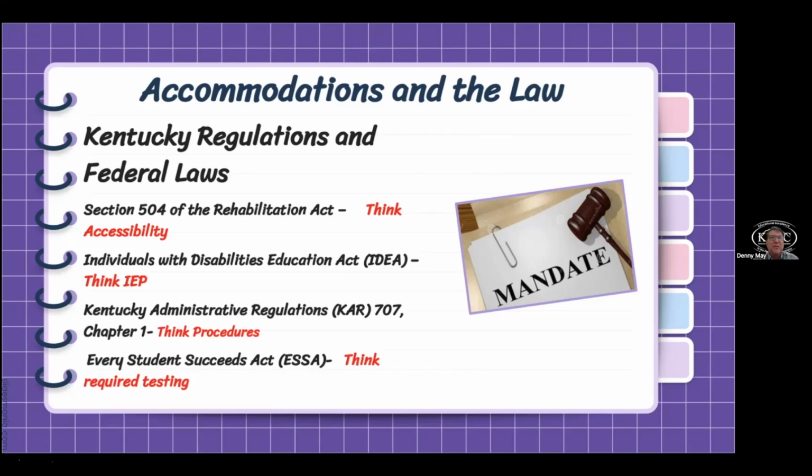We want you to think about leveling the playing field for students and allowing them to tell us and show us what they know when provided certain accommodations and modifications.